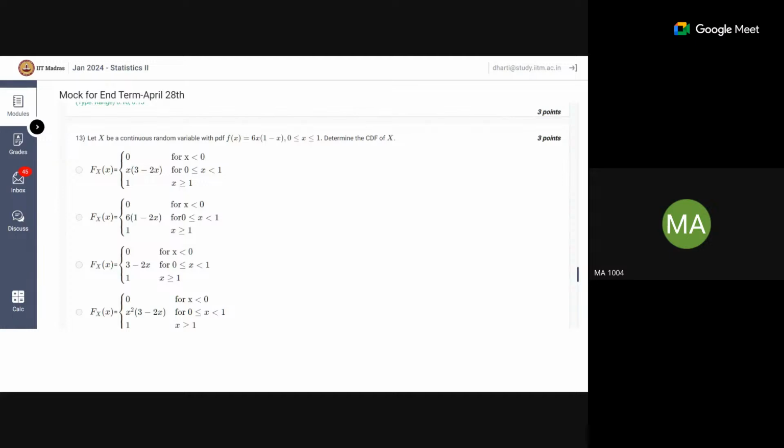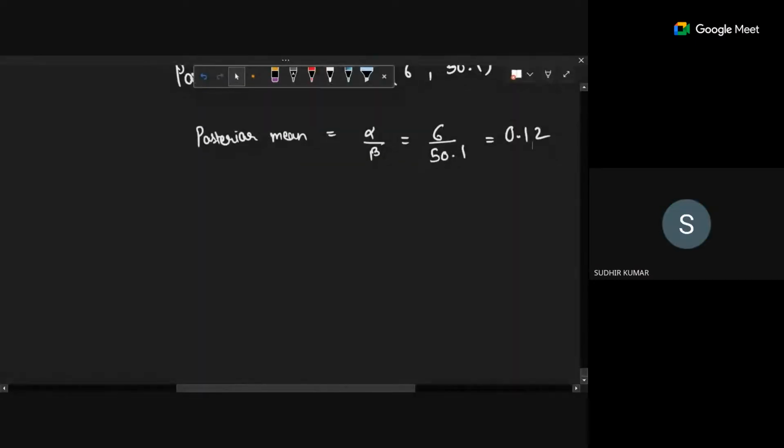What will be the integration limits? Just a minute. If we integrate it, what will be the integration limits? Limits will be from 0 to 1.